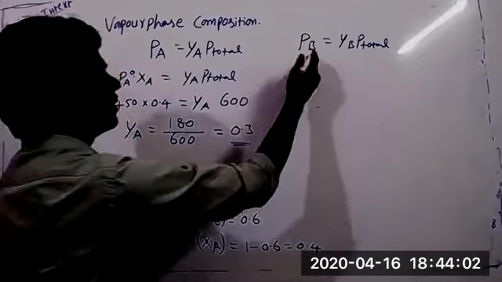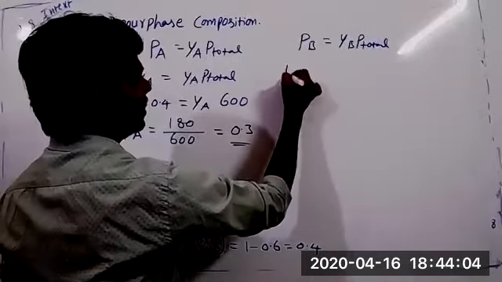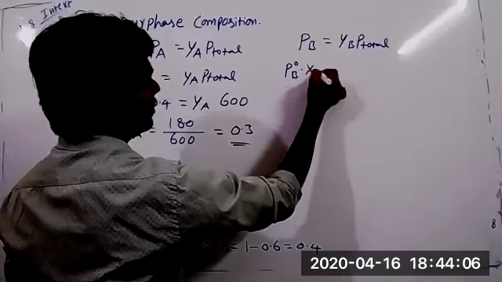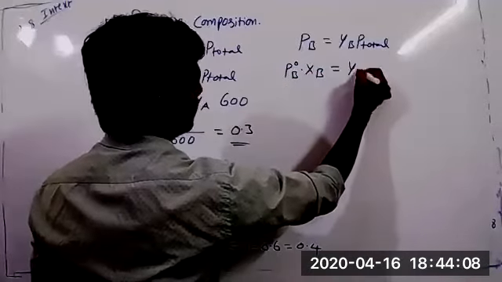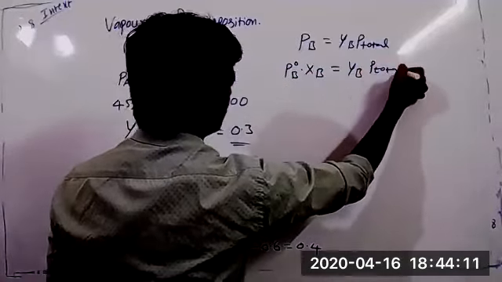And for B, according to Raoult's law, PB is equal to PB power 0 into XB, which is equal to YB into P total.